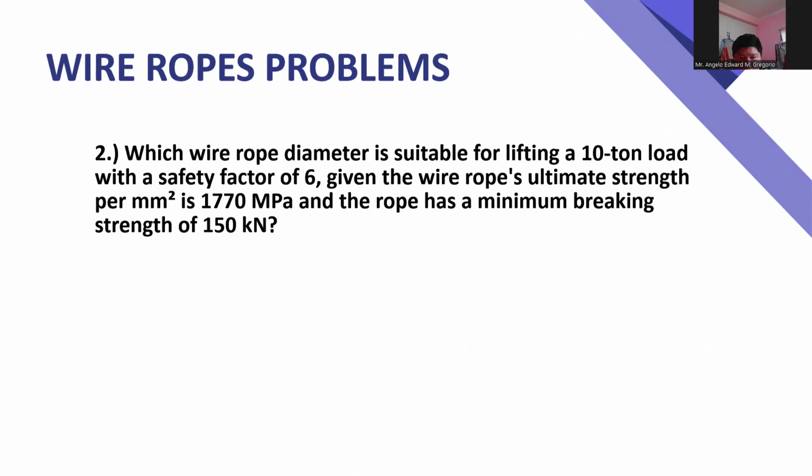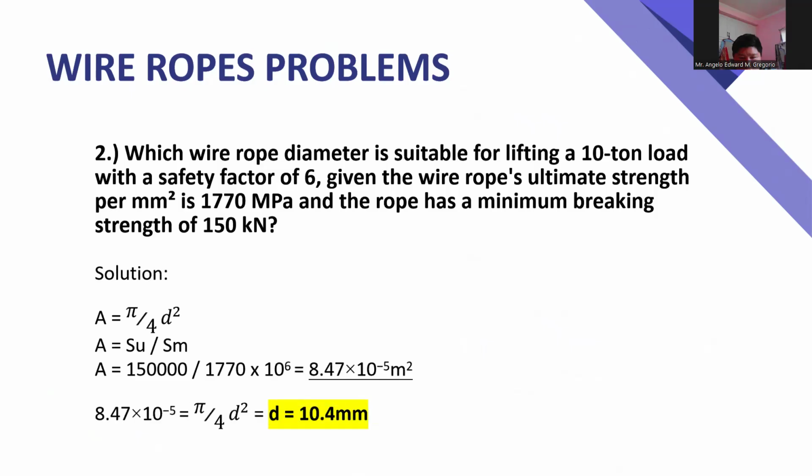Next, which wire rope diameter is suitable for lifting a 10-ton load with a safety factor of 6? Given the wire rope's ultimate strength per square millimeter is 1,770 megapascals, and the rope has a minimum breaking strength of 150 kilonewtons. So we're going to use the solution for area, which is pi over 4 d squared.